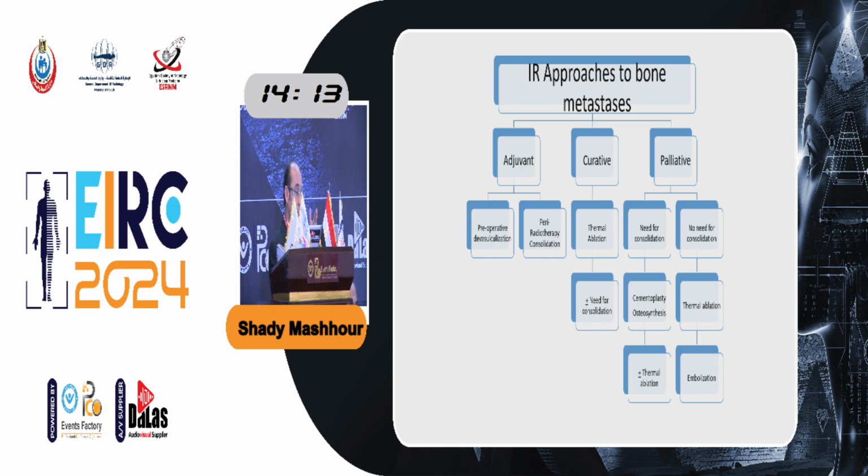So I divided the treatment into three main categories: the adjuvant treatment, preoperative devascularization or peri-radiotherapy consolidation; curative intent, which is definitely thermal ablation plus or minus the need for consolidation; and the palliative effect, which is divided into do you need to consolidate or stabilize the bone tumor, or do you not need? That includes cementoplasty and osteosynthesis plus or minus ablation, and no need for consolidation, which is a palliative effect, which is simply thermal ablation or embolization. I'll talk about each branch alone.